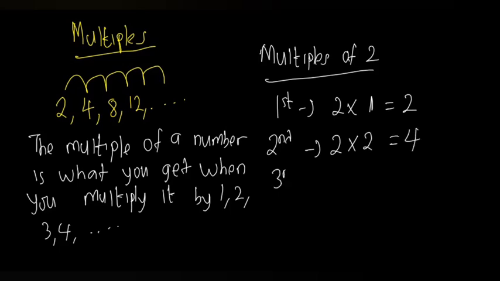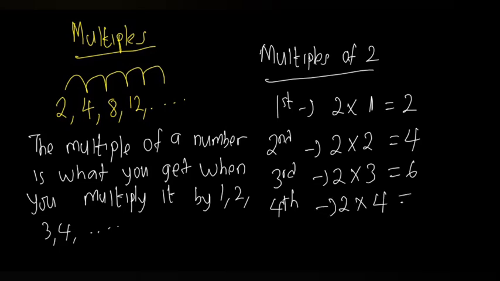The third, 2 times 3, which equals 6. The fourth, 2 times 4, which equals what? 8. And so on and so forth. So multiples of a number is what you get when you multiply. So multiplication is like increasing it by 1, 2, 3, 4.